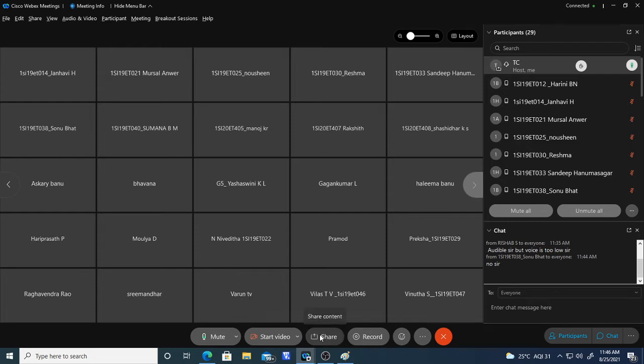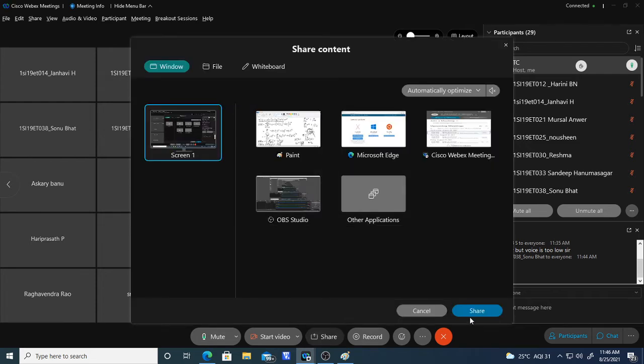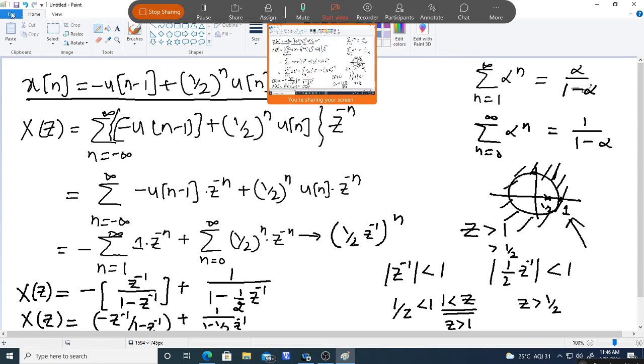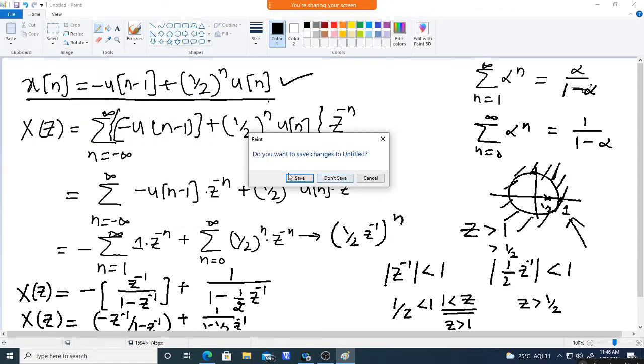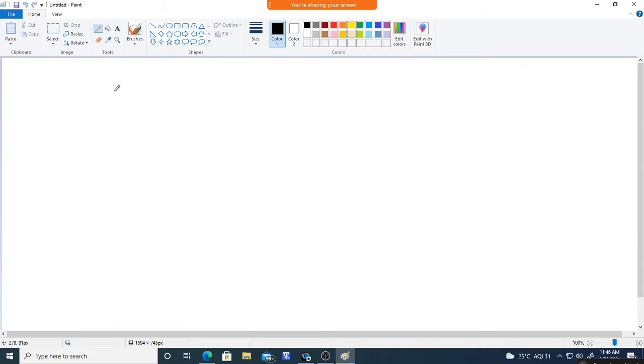Okay, let's do one more problem. Take this one. This type of problem may be asked for 4 marks, 2 marks or 3 marks. It is a kind of sequence: X of n is given by 1, 2, minus 1, 1 and 0.